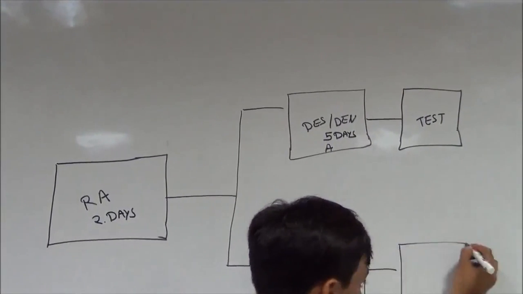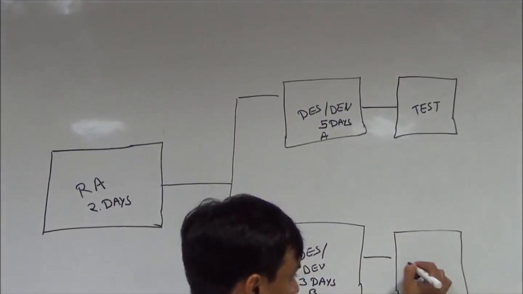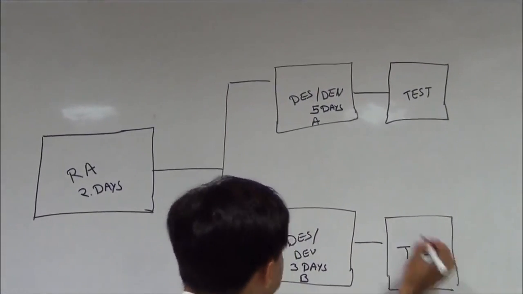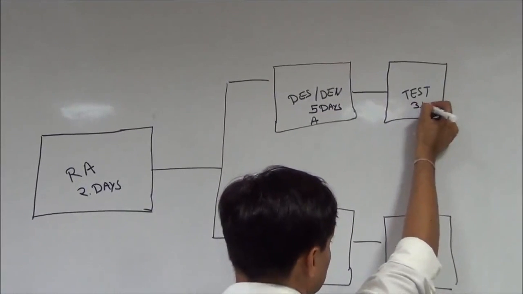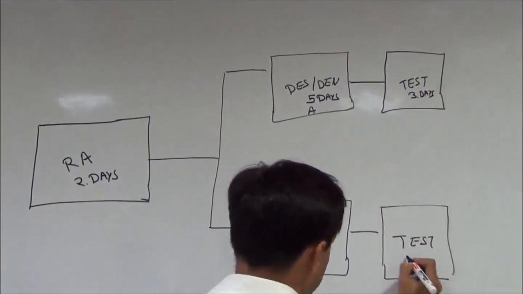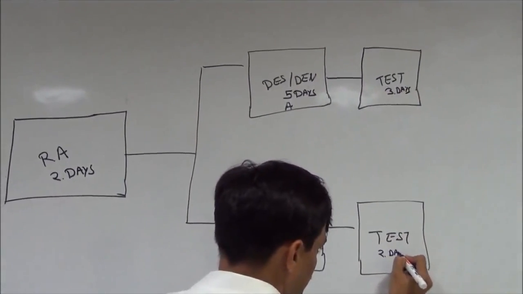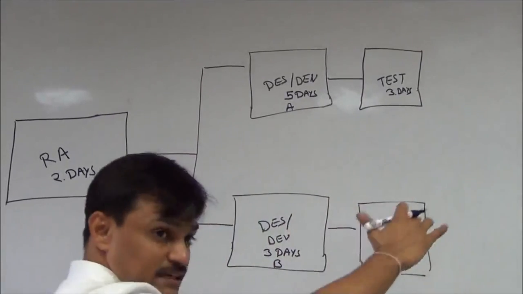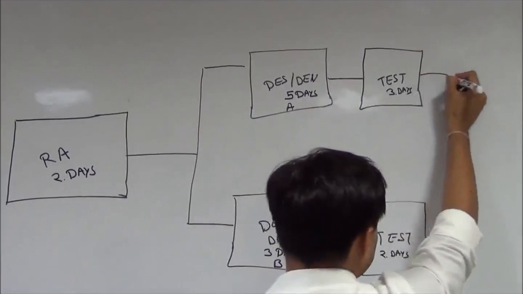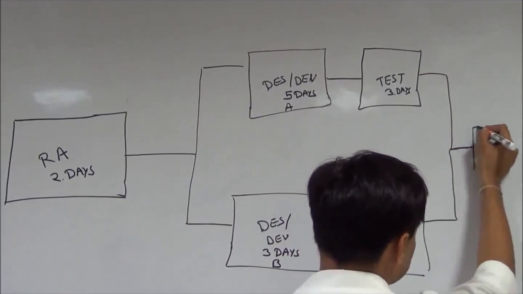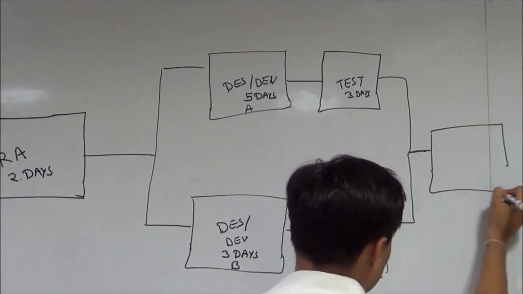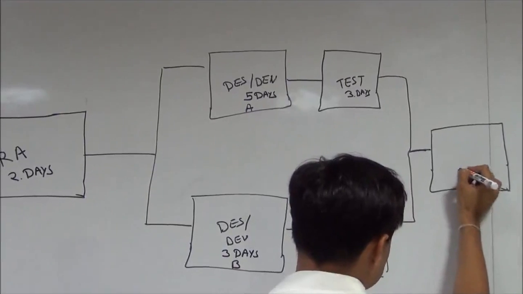In both scenarios you do component level testing, and testing takes 3 days for this module and 2 days for this one. Once we are done with the testing, we do an integration of these two modules, and the integration activity takes again 2 days.